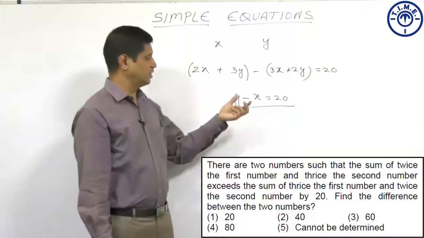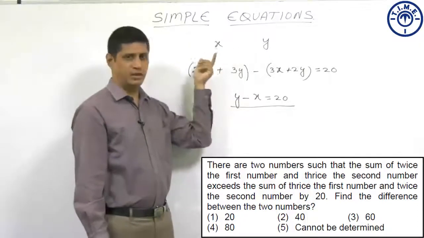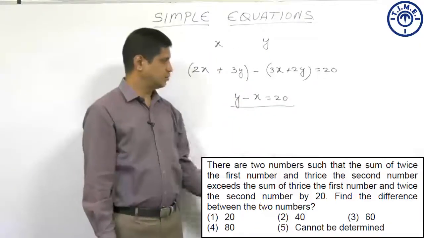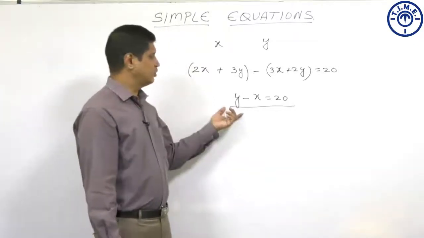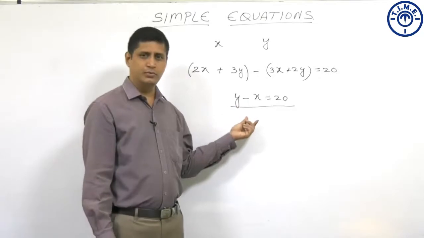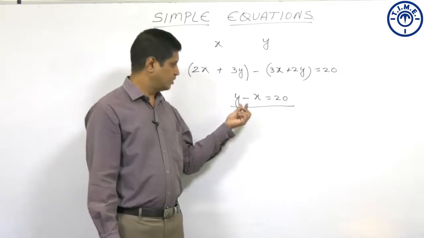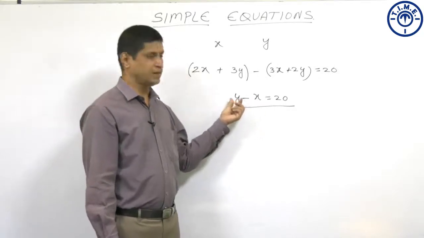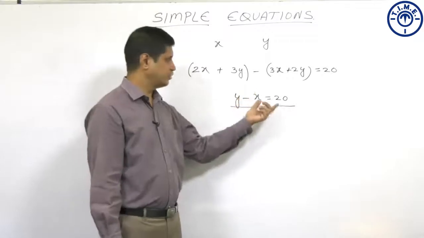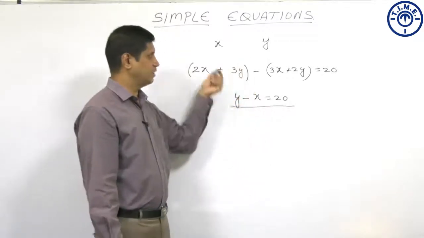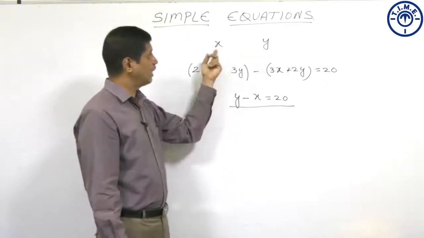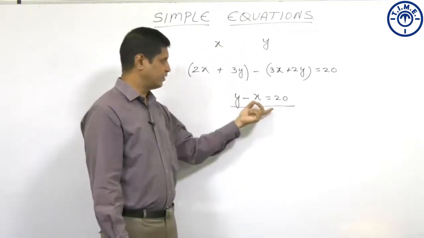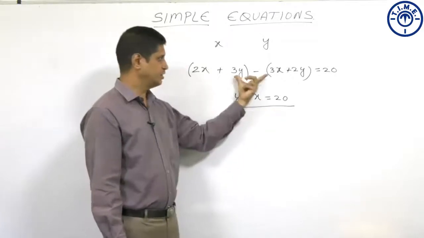The difference between the numbers means the difference of the y and x values is 20. Now, option 1. In this example we directly got the difference of the two numbers as 20. What is the value of y and what is the value of x is not required. Without finding the values of x and y, we can directly find the difference just by using this condition.